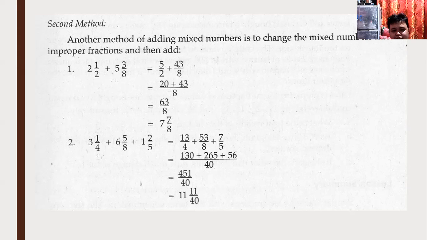Paano ba yung computation natin dyan? Magiging siyang 20 plus 43/8. Kaya siya naging 20. Sige nga. 5 plus 2 plus 43/8. Copy the 43. Copy the denominator of 8.